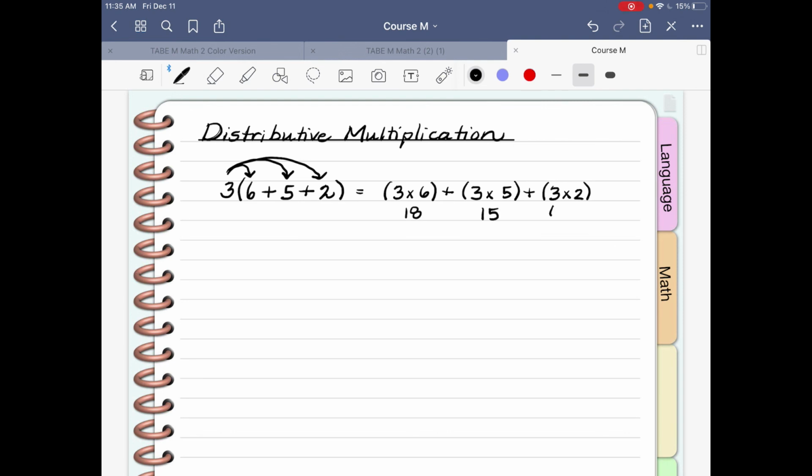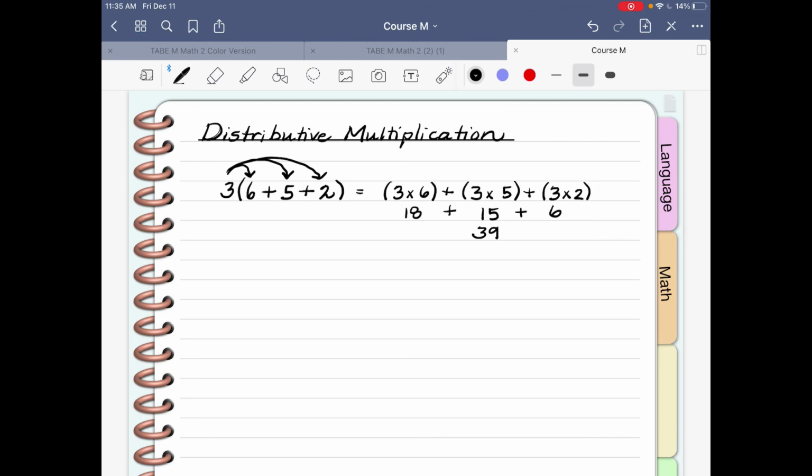And 3 times 2 is 6. And then you add all of those up to get 39. Okay, that is distributive multiplication.